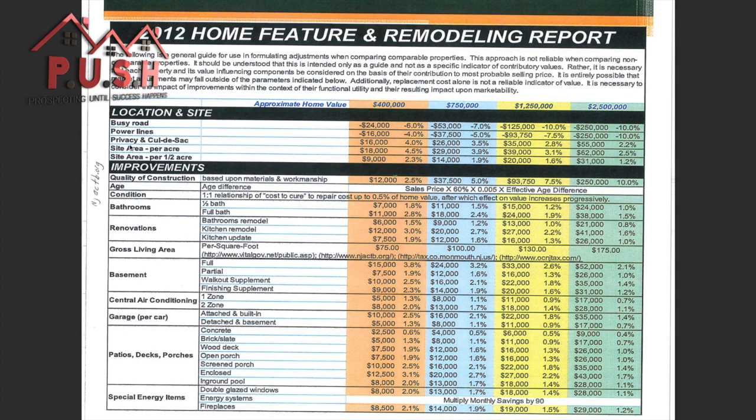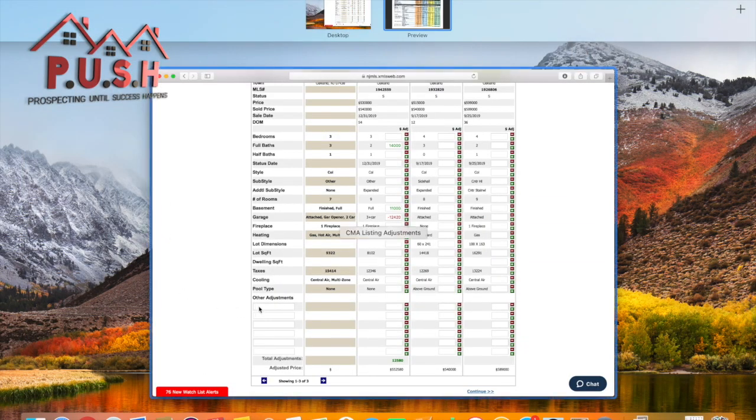If it's a privacy lot, if it's in a cul-de-sac, if it's a listing that's on a busy road or there are power lines, you would take any of those special features and fill them here and say, this home doesn't have power lines, and you make the adjustment. So if your subject property has power lines and this one did not, you would make the adjustment so the comps would be actually comparable to your subject property.